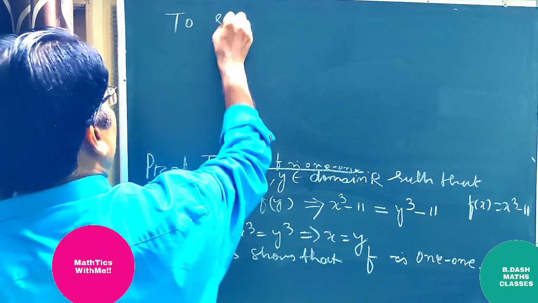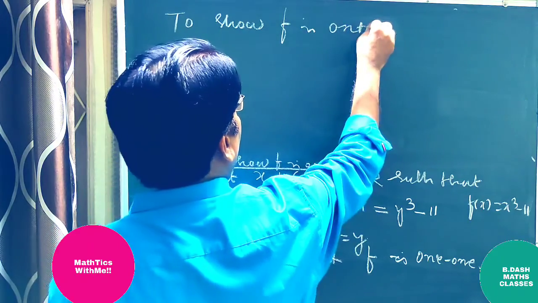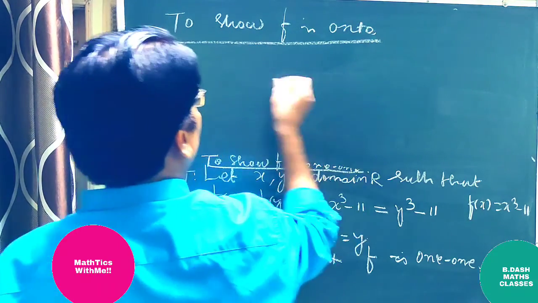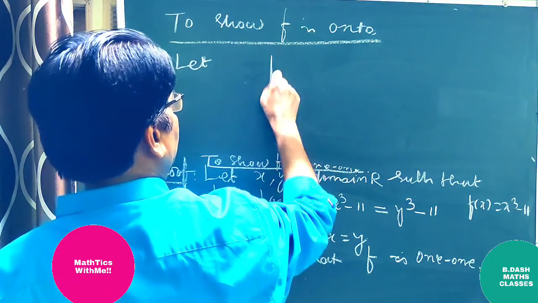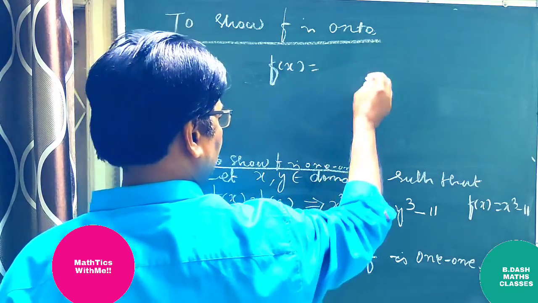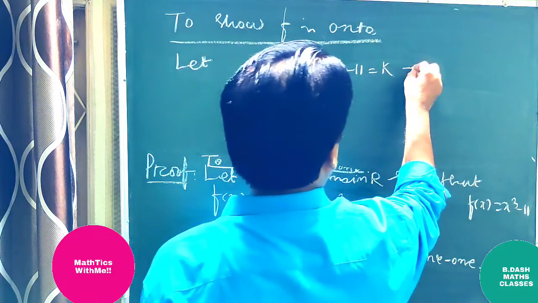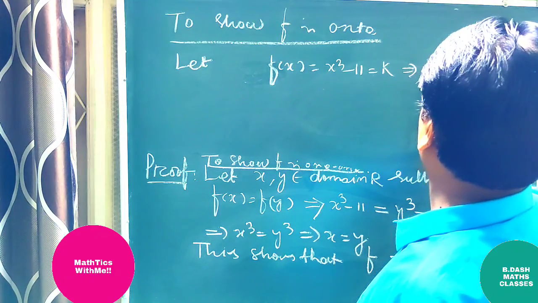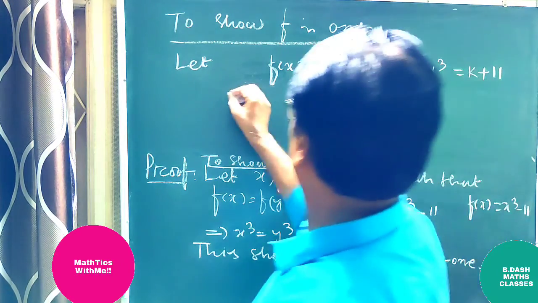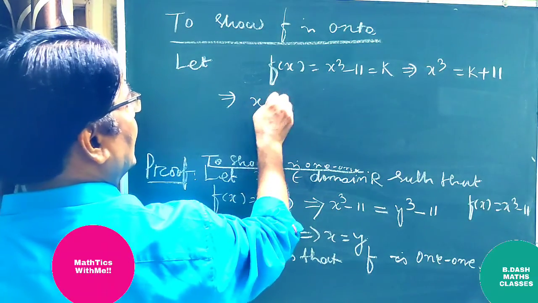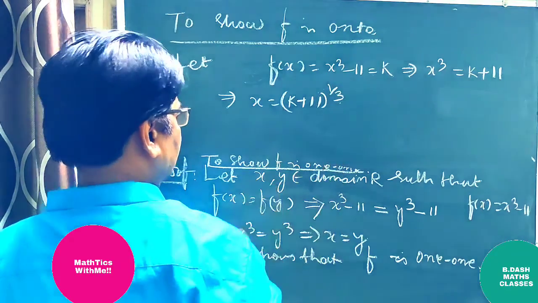To show f is onto, let f(x) is equal to x cube minus 11 is equal to k. So this gives us x cube is equal to k plus 11, which gives us x is equal to (k plus 11) to the power 1 by 3.